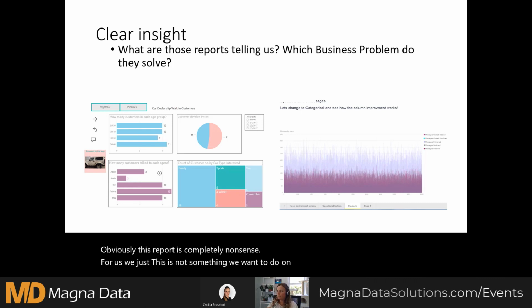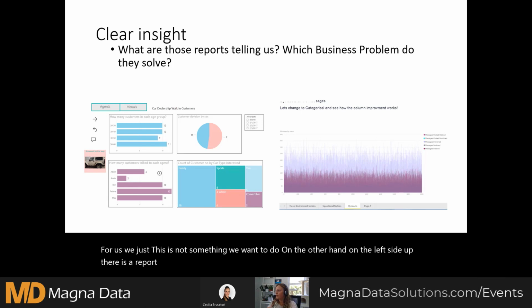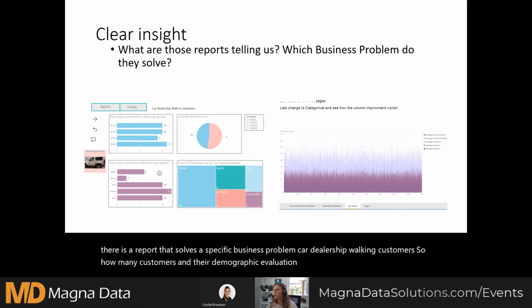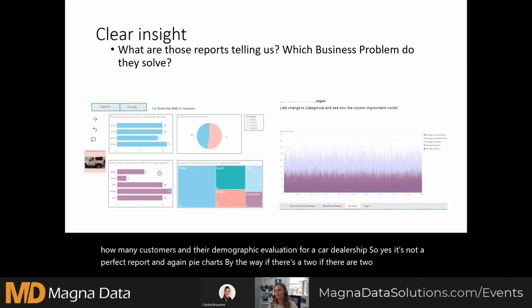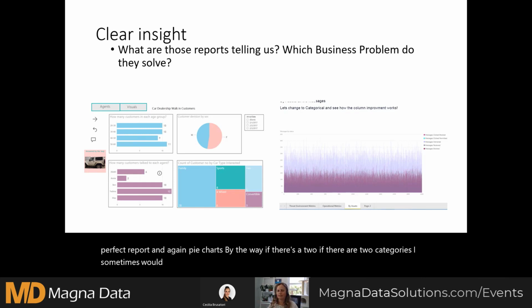On the other hand, on the left side, there is a report that solves a specific business problem. Car dealership walk-in customers: how many customers and their demographic evaluation for a car dealership. So yes, it's not a perfect report. And again, pie charts. By the way, if there are two categories, I sometimes would use pie charts in clear cuts like this, just for the heck of it.